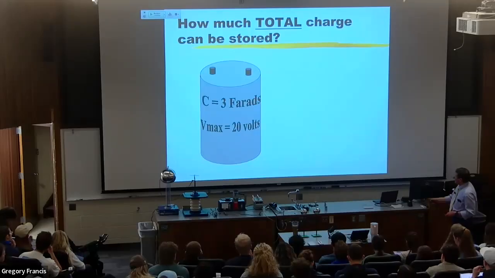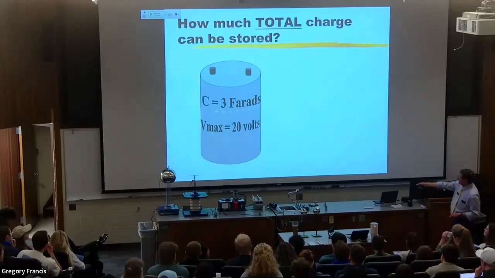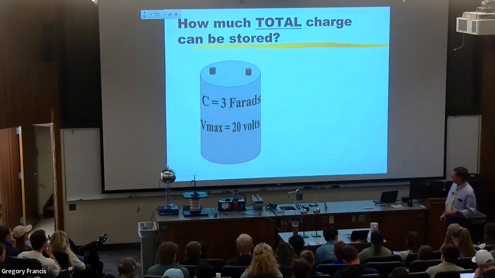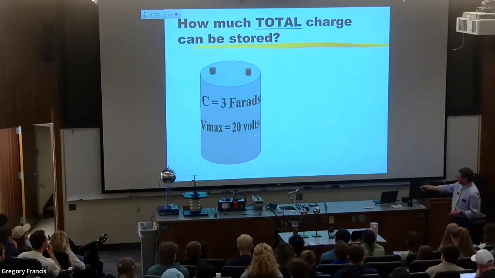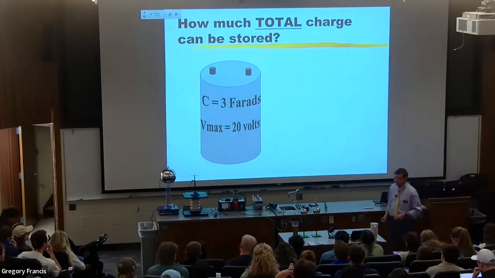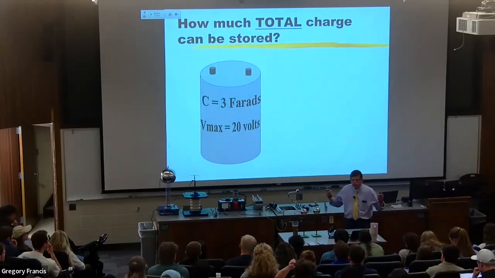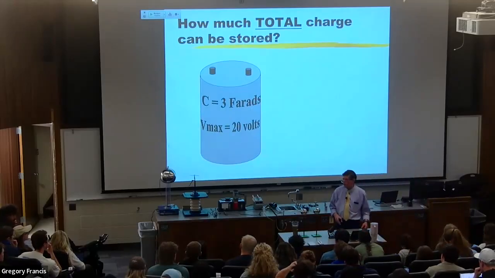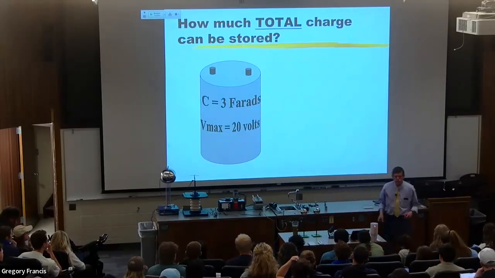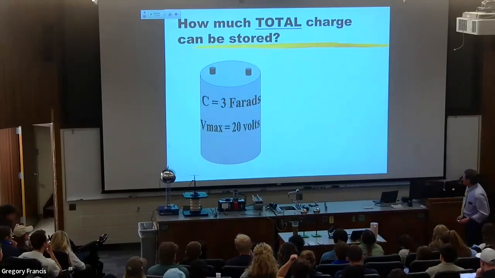On the side, you'll have two numbers. One will be the capacitance, how many coulombs I can put on there before it changes by 1 volt. And then you have what's called the breakdown voltage. If you put more than 20 volts on this thing, it's going to break it. It's going to arc across your non-conductor. It's going to shatter the glass between the Leyden jar plates.